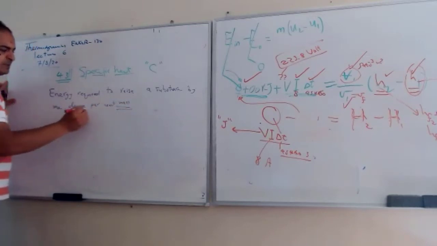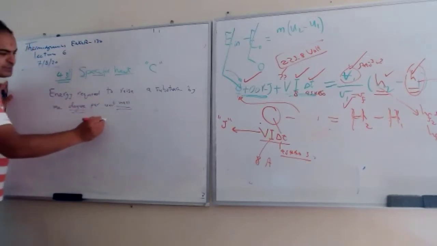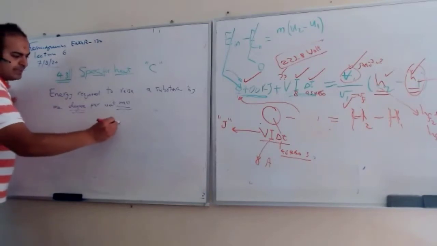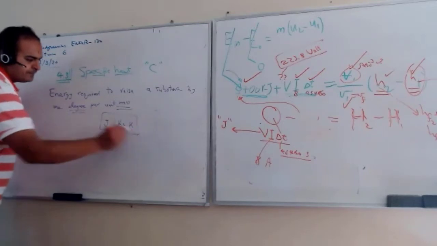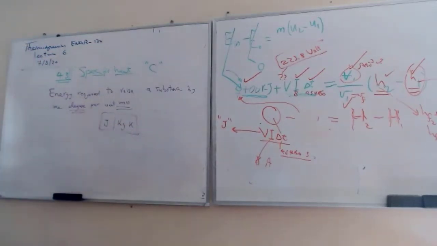So per unit mass per unit temperature. So it's joule per unit mass per unit temperature. It's heat per unit mass per unit temperature.